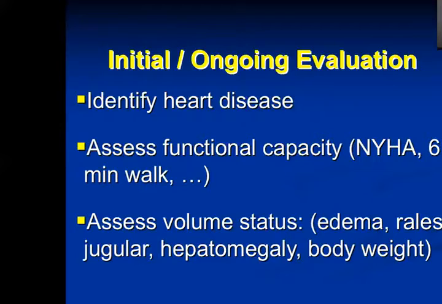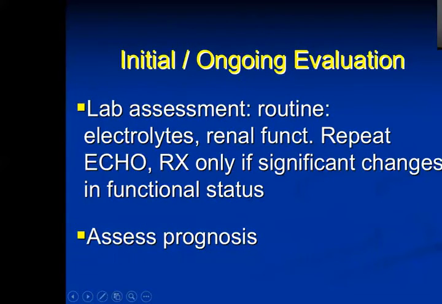Second, when you are suspecting heart failure, identify etiology. Then assess his functional class, assess volume status, assess prognosis, assess cause, and all these things are very important in the workup.